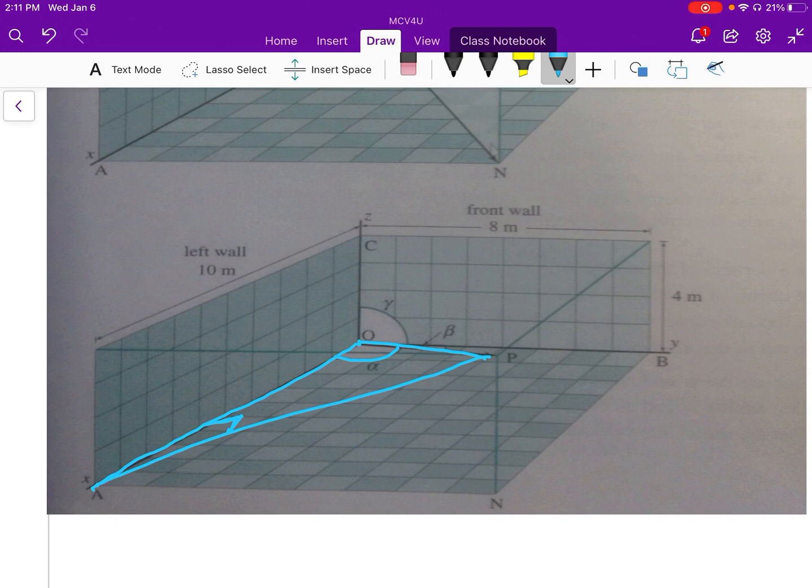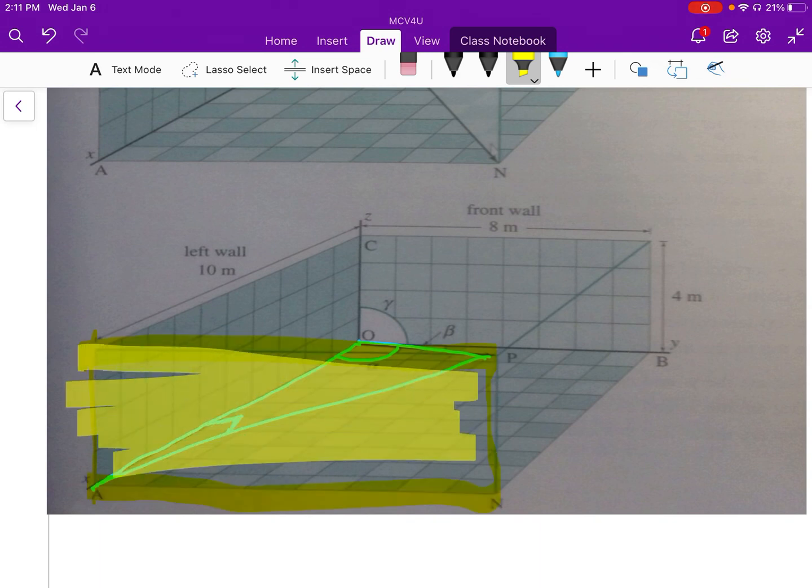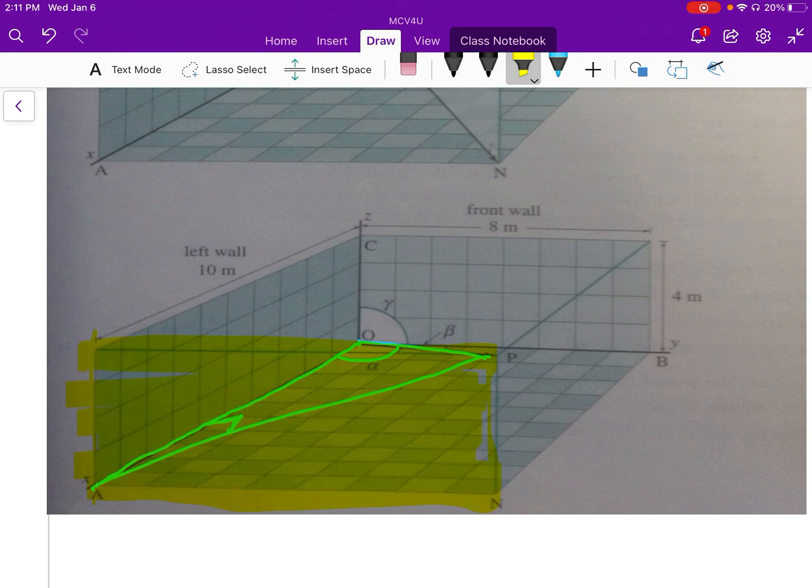Okay, so I'm drawing it that way on purpose because that angle is in fact a 90-degree angle. How is that a 90-degree angle? Well, the outside back wall here, if you take a look at this back wall, is perpendicular to the left wall. Think about that. It's perpendicular.